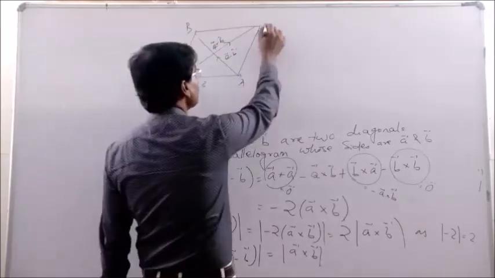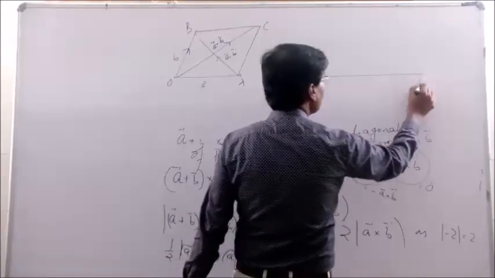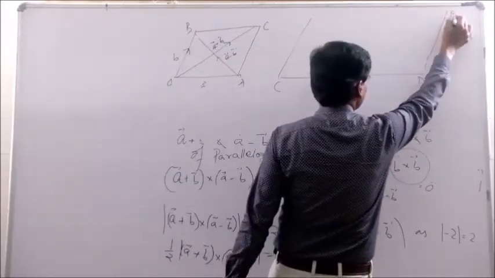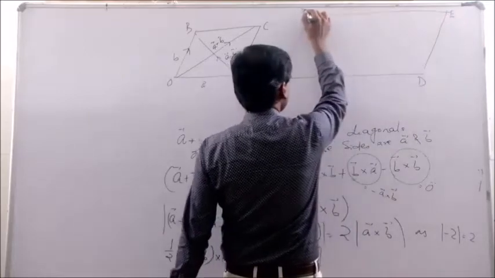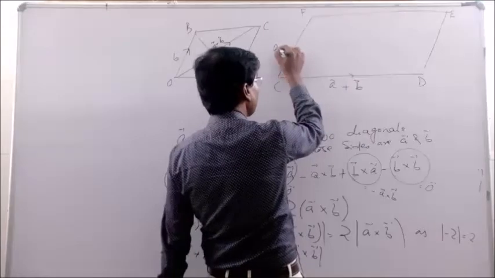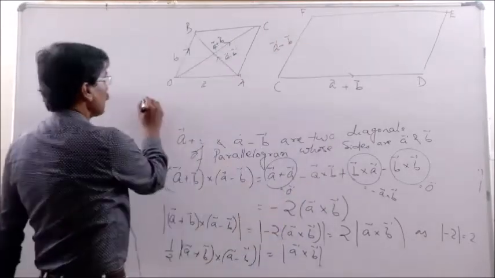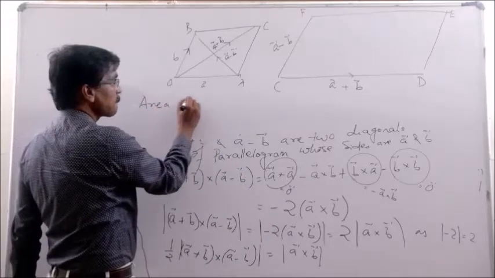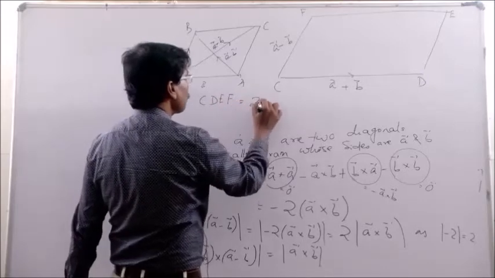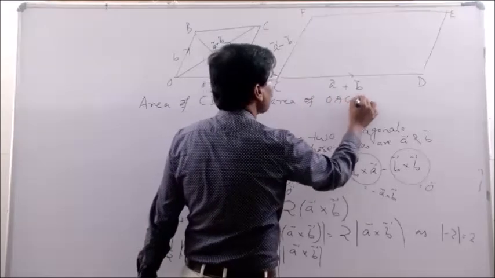So if we consider another parallelogram, CDEF, whose consecutive sides are the two diagonals, that is A plus B and A minus B, then the area of CDEF is equal to 2 times the area of OACB.